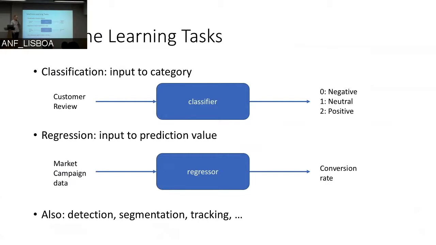Regression is a bit like that, but the output can be a continuous value, like a temperature or something. So, for example, you might have some market campaign data and you want to do regression to predict the conversion rate based on that. And then there are other problems: detection, segmentation, tracking, that are all related, but they're the kind of core things.